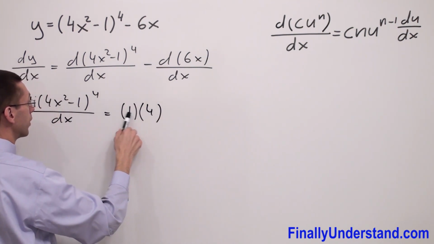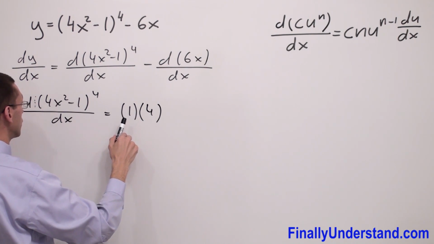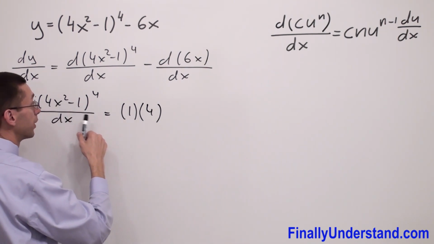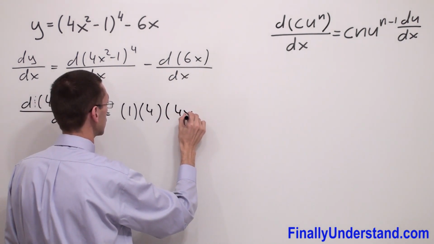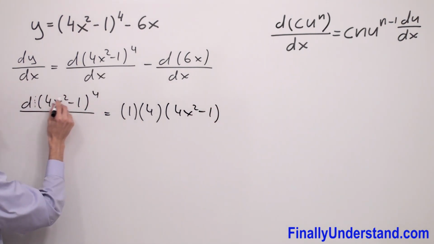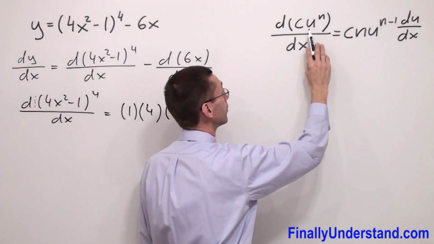Next, I have to multiply these two coefficients by the content of the parentheses. Okay, so I have 4x squared minus 1, because this is my u. The content of the parenthesis is my u.